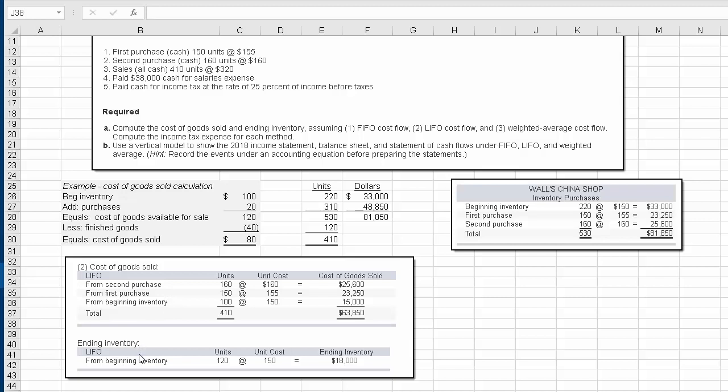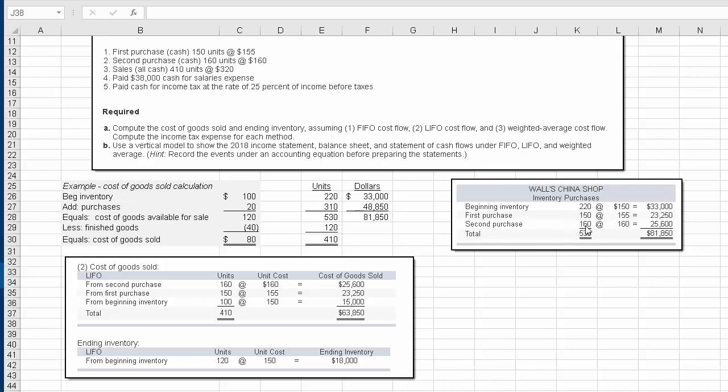In this situation, I think it's easier to value ending inventory first because there aren't as many layers, but you could do either one. How do I know there aren't as many layers? There's 120 units in finished goods. When I look at this schedule, I see that we had 220 in beginning inventory. Since LIFO means the last one in is the first one out, the last purchase is sold first, so I know I have to count backwards.